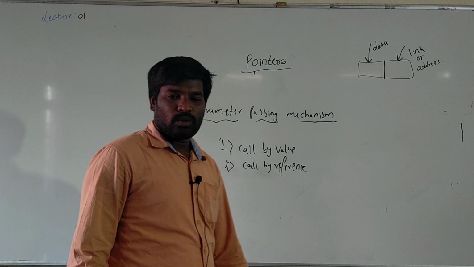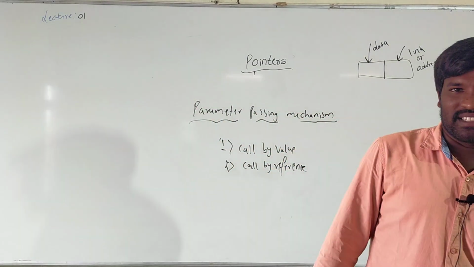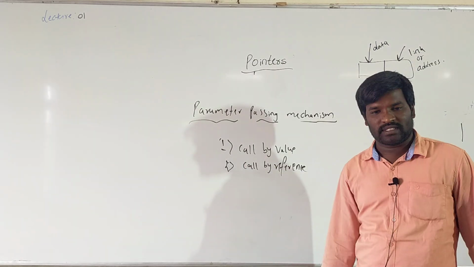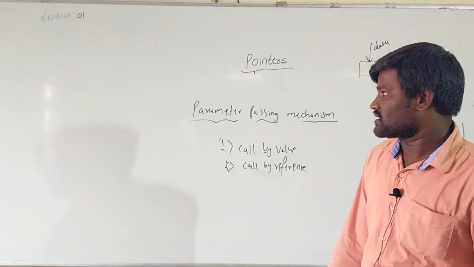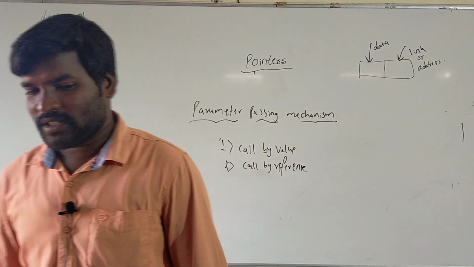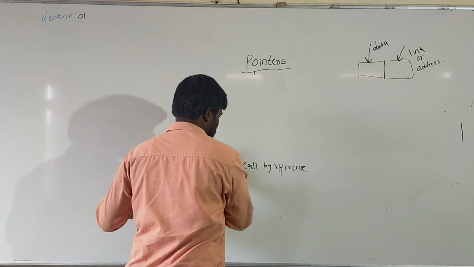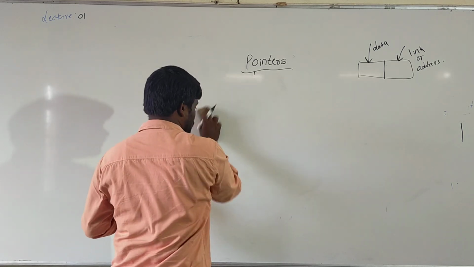There are two methods to pass the parameters in a function. First one is call by value. Second one is call by reference. So first we consider the call by value. First I write one example, so then you will know how it works.